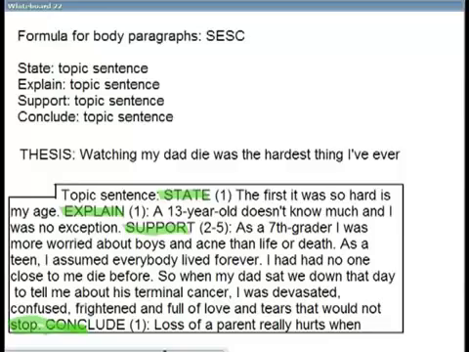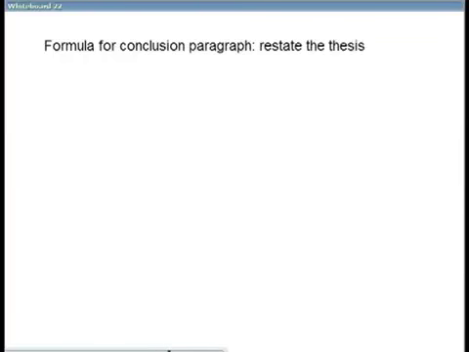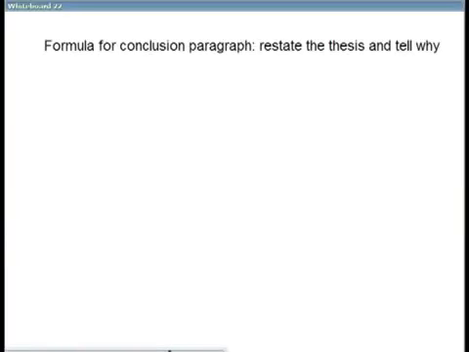Okay, there's the formula. And you're going to use that formula. You're going to write 3 of those. Don't forget that. You are writing 3 body paragraphs. The formula for the conclusion paragraph is restate the thesis, and tell why it is important.